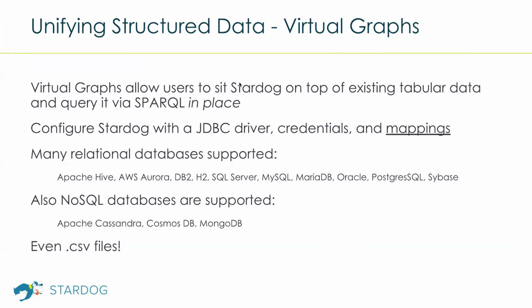I had a customer last week sometime that was loading a CSV file that was like 250 megabytes. It had 200 and something columns and a couple million rows, something completely crazy. You write the mapping for that once, and then Stardog will just do its thing.